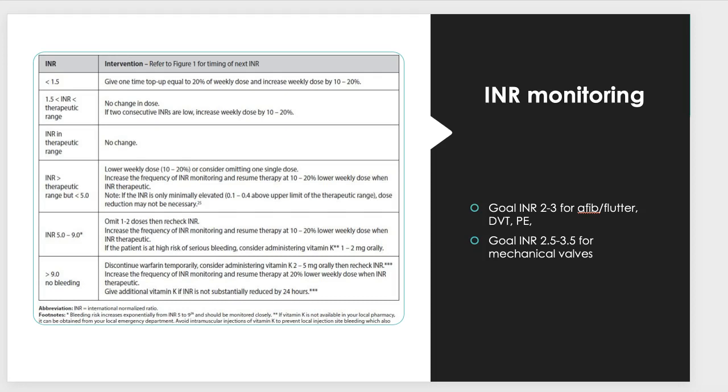So when you have a patient on Coumadin, you need to monitor their INR levels. Their goal INR is between 2 and 3 for AFib, flutter patients, and also for patients that have DVT and PE. If a patient has a mechanical valve, remember their INR goal is 2.5 to 3.5.